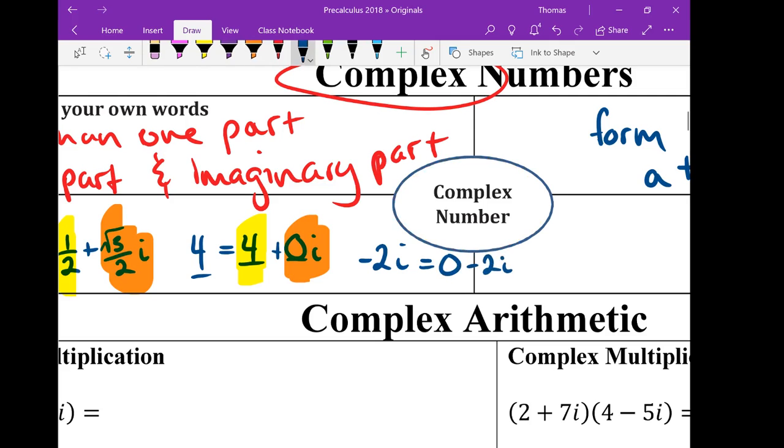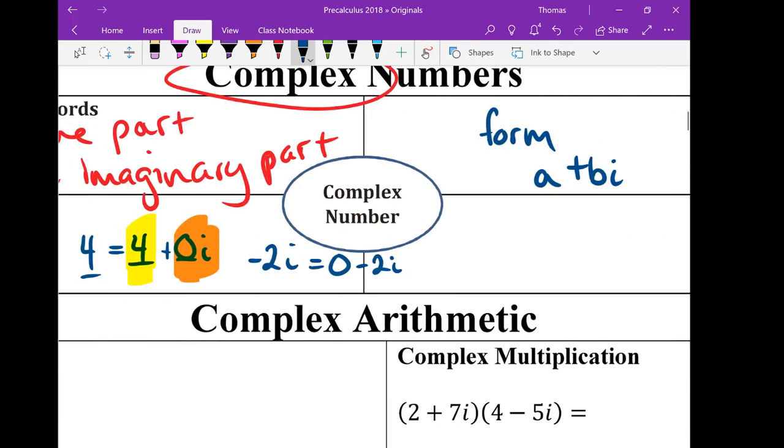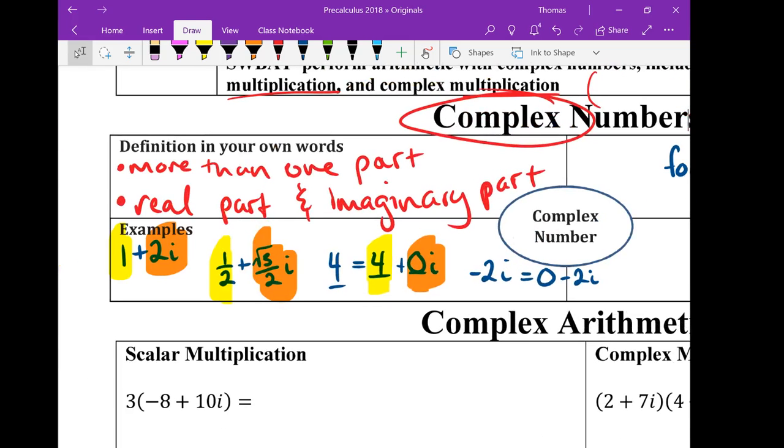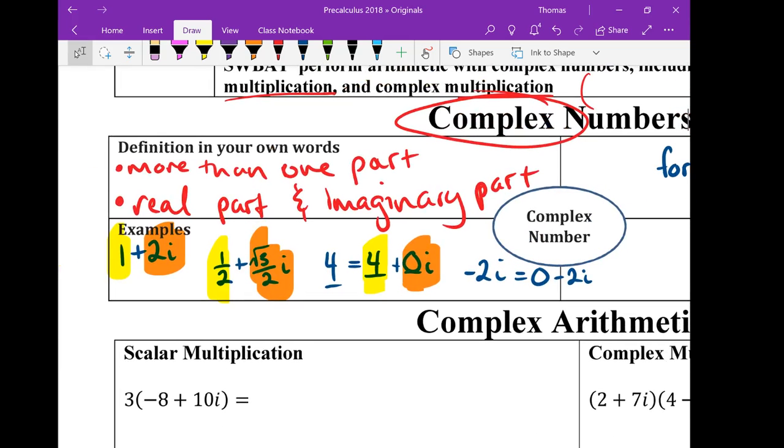So all that's to say that our complex numbers are really almost any kind of number, right? Complex numbers contain all the real numbers, the numbers we're familiar with. So negative numbers, irrational numbers, fractions, decimals, numbers like that. They also contain all of the imaginary numbers, which is all of those things with an i attached to it.